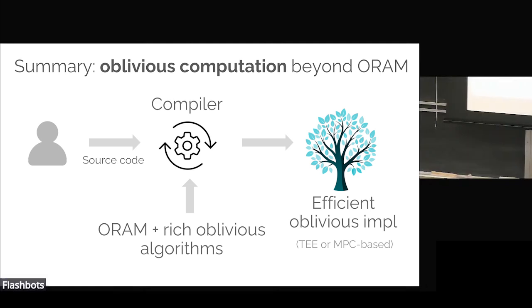These primitives will be fed into the compiler, which is aware of these rich primitives, and then the developer will supply some source code, and the compiler will do optimization and figure out the most efficient Oblivious implementation. And this can be either a TE-based secure computer or an MPC-based secure computer. When you compile to TE or MPC, you have to worry about obliviousness.